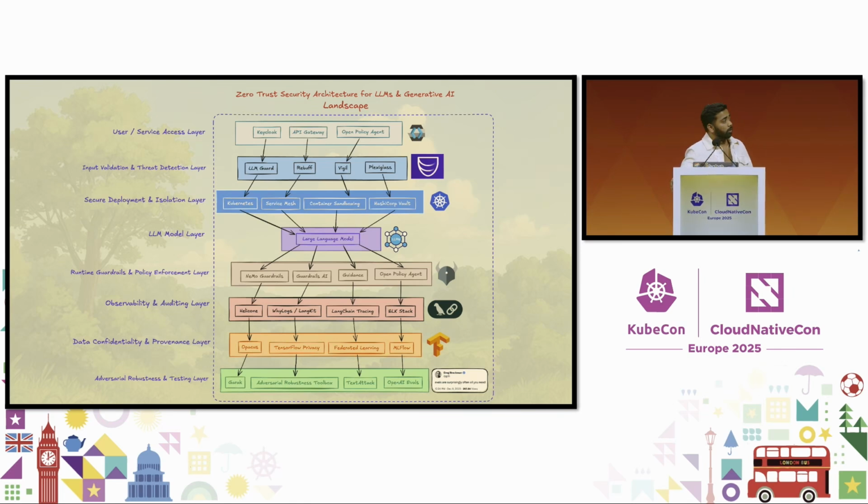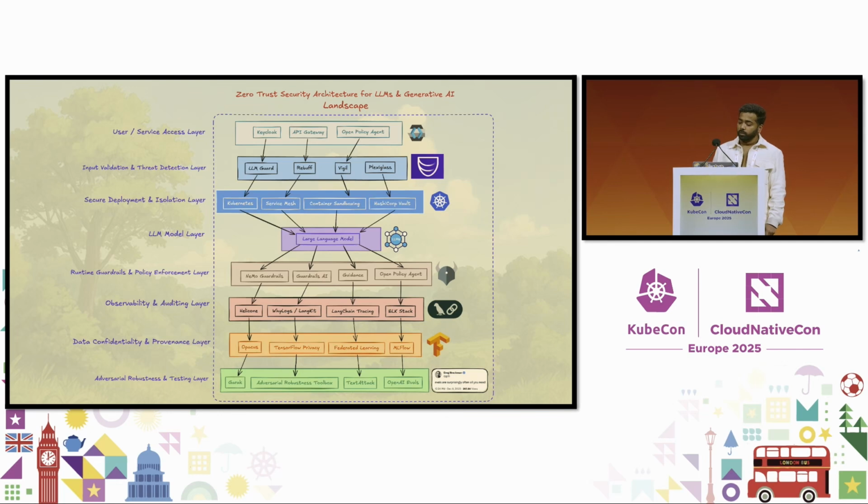Similarly, you can secure your deployment and isolation layer by using Kubernetes service meshes, container sandboxing, and vaults. It helps you isolate your workloads, but you have to properly follow all of the layers, not just implement one of these. Then there is the LLM model layer, where the LLM is, and your runtime guardrails, where you can use OPA again for enforcing safe output.